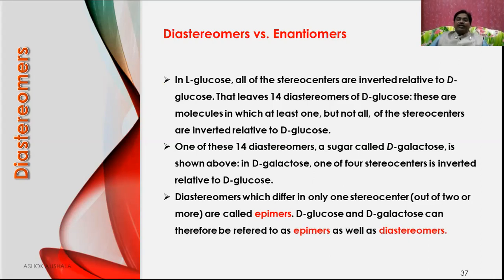Diastereomers which differ in only one stereocenter out of 2 or more are called epimers. D-glucose and D-galactose can therefore be referred to as epimers as well as diastereomers. Remember, epimers are another kind of diastereomers.